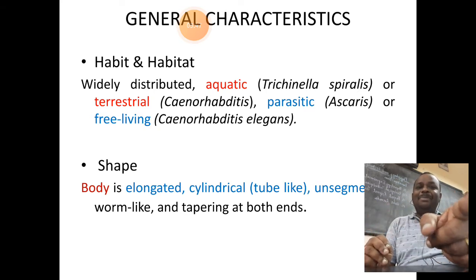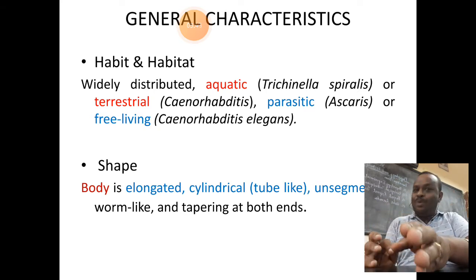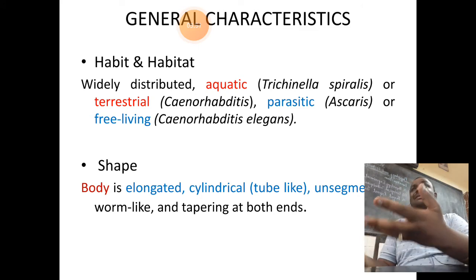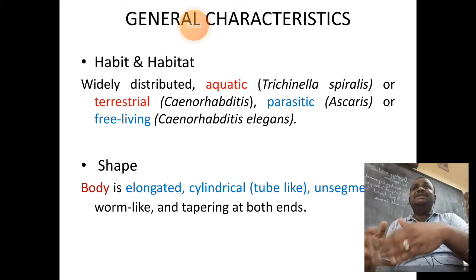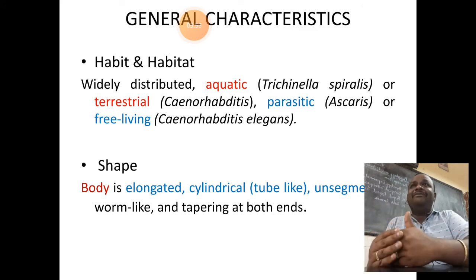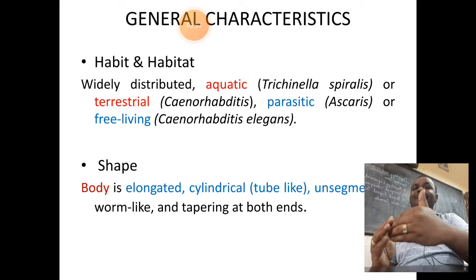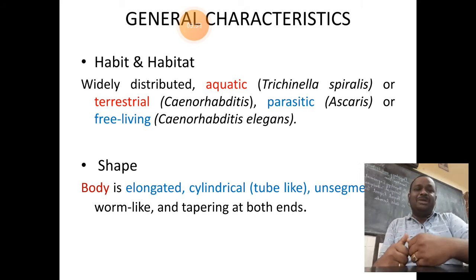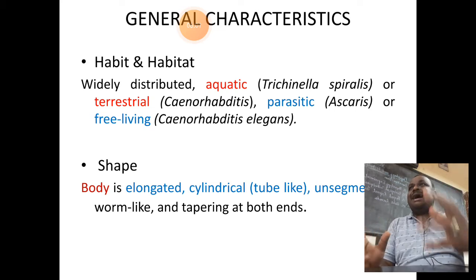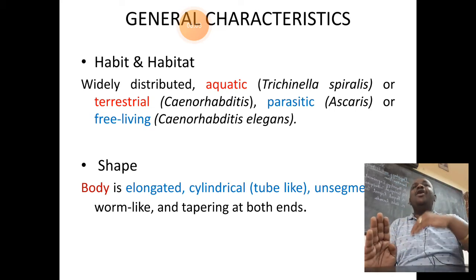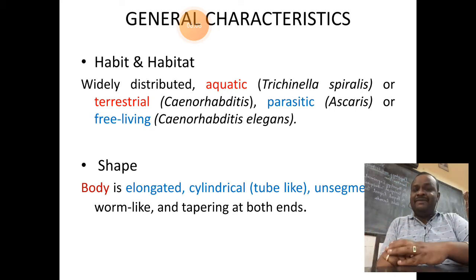Then we also have organisms that are parasitic and free living. For free living, the example is again Caenorhabditis elegans, because it lives freely in the soil. It doesn't depend on another organism for its survival. Whereas we do have the parasitic organisms of nematodes. Parasites are the animals which depend on the host organisms for their survivability.